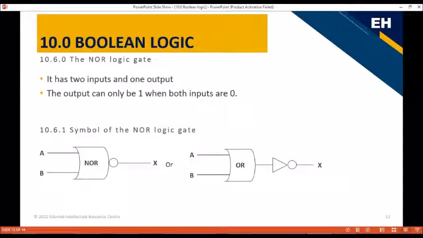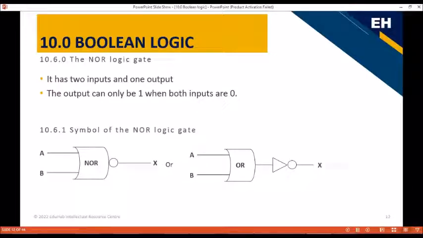So I will just take you back to the positive gate of the NOR gate, which is the OR gate. Remember, NOR gate stands for not OR gate, so it's a negative of the OR gate. Now, taking you back to what you have learned in the OR gates, the output for an OR gate will always be 1 when any or both inputs are 1.